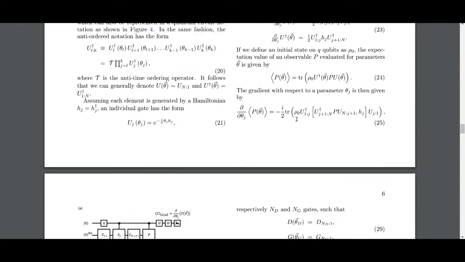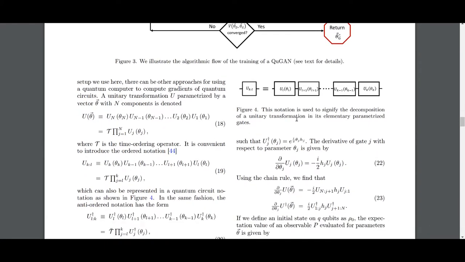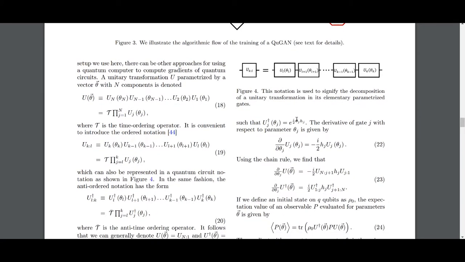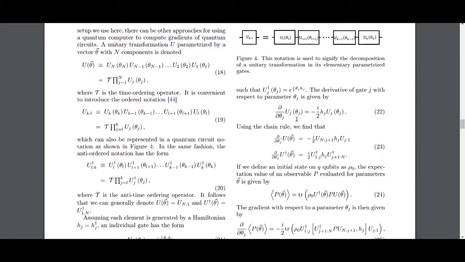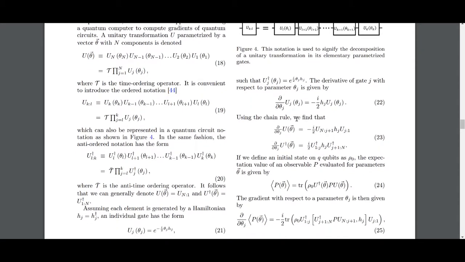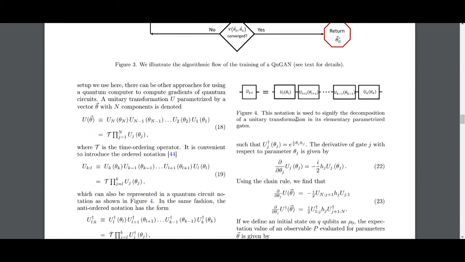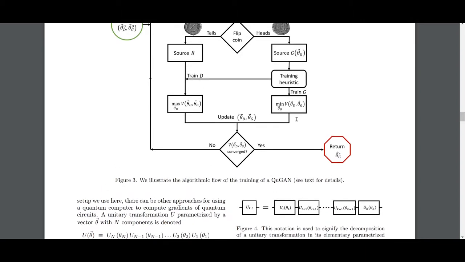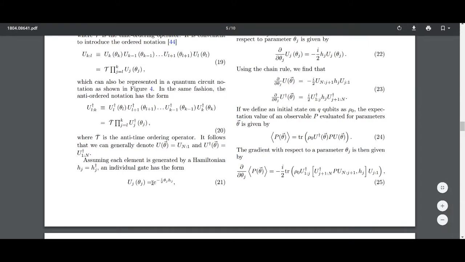Maybe I should just go back here, right? And why do you want to even minimize that? This is what's... Assuming each element is generated by a Hamiltonian, an individual gate has the form.